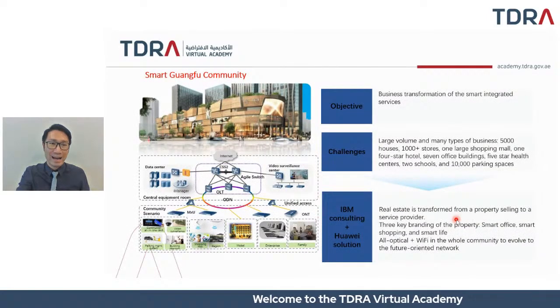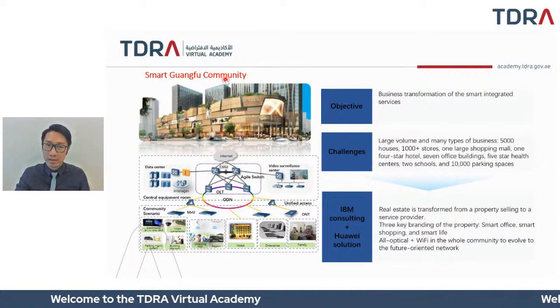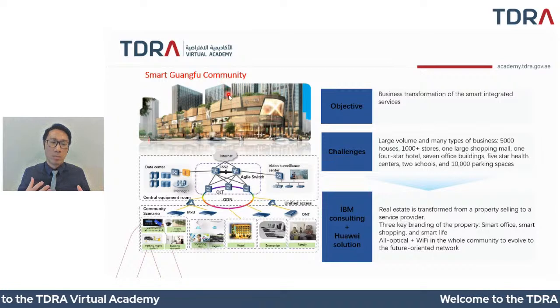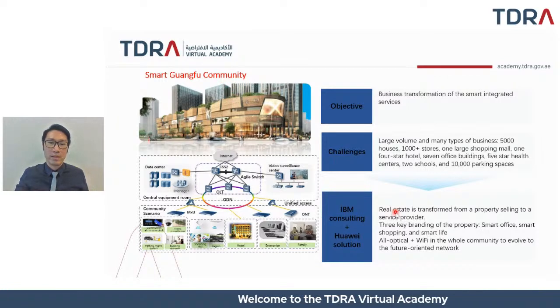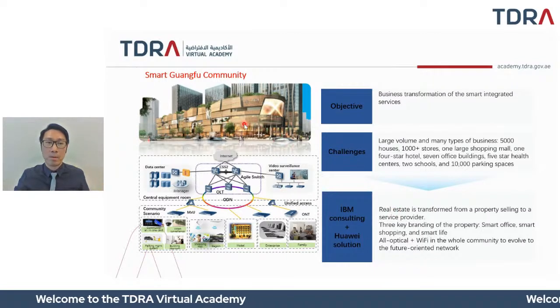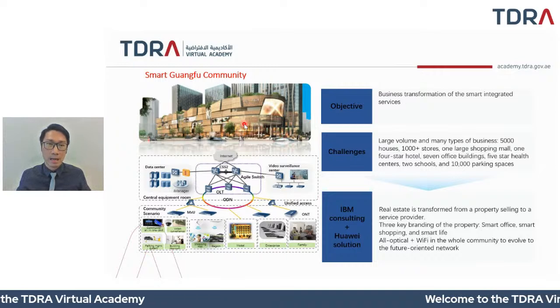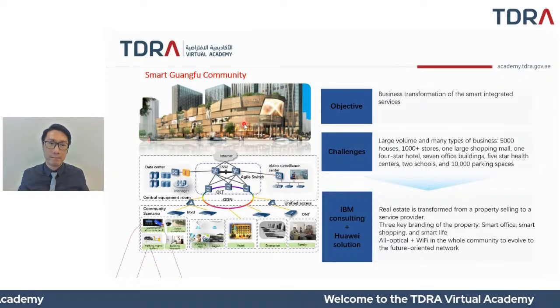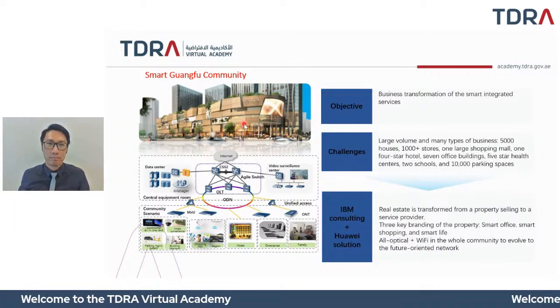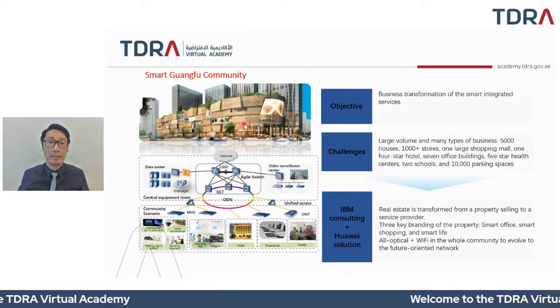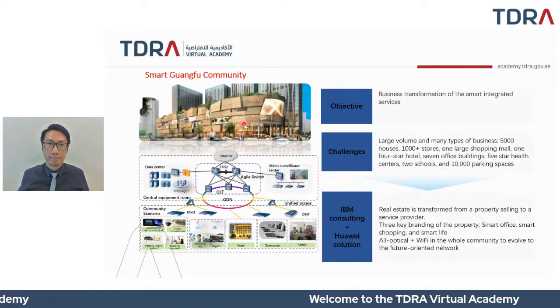And they have also implemented a smart community. What can this smart community bring? For example, take real estate or property. A property developer develops a building consisting of a shopping mall, office, and residential, so it's a very complete building.